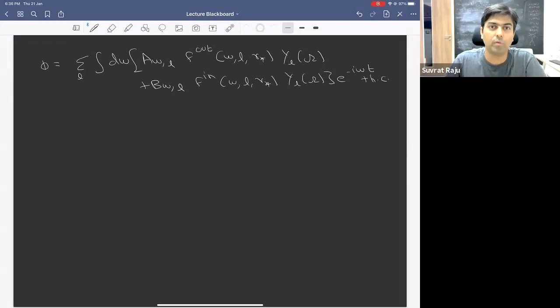And in principle, one can, of course, find these functions f_out and f_in by solving the wave equation. But what we said was that these functions have some very simple behavior if you look at how they behave near the black hole horizon.